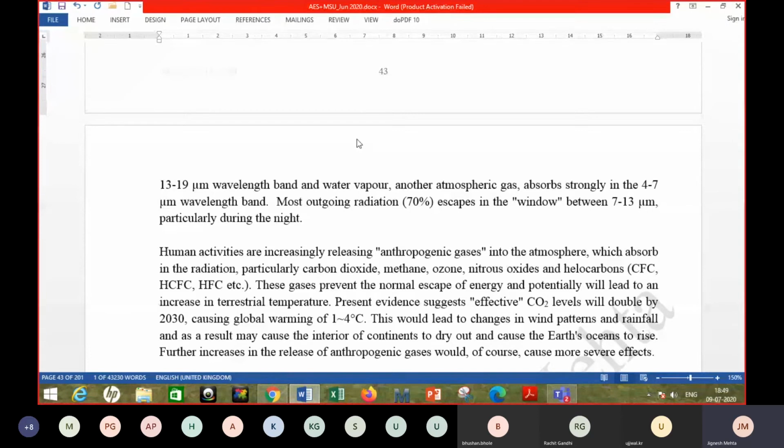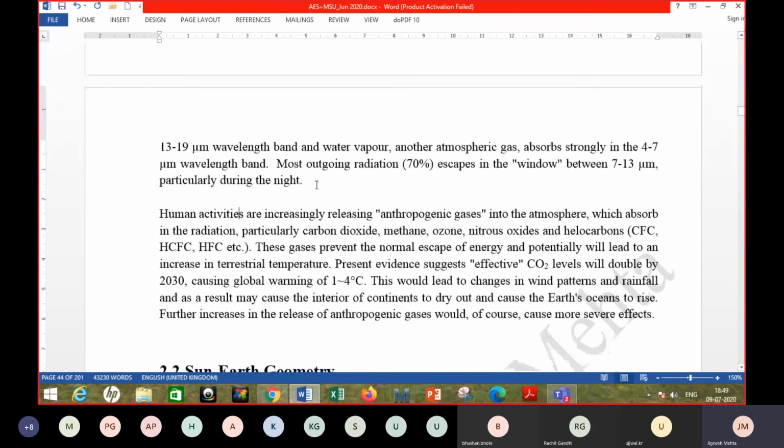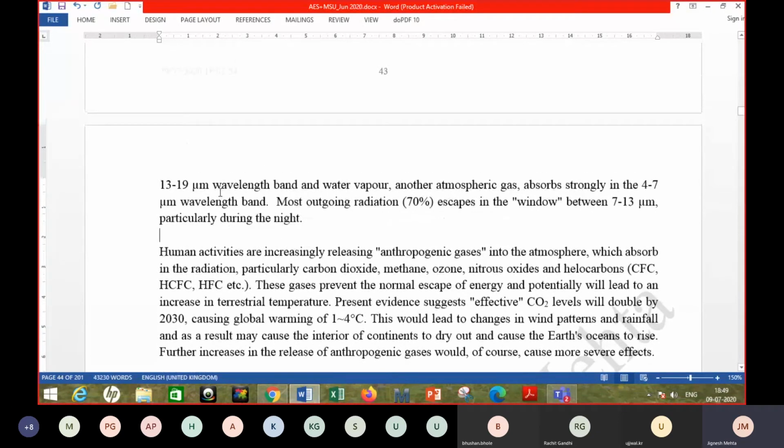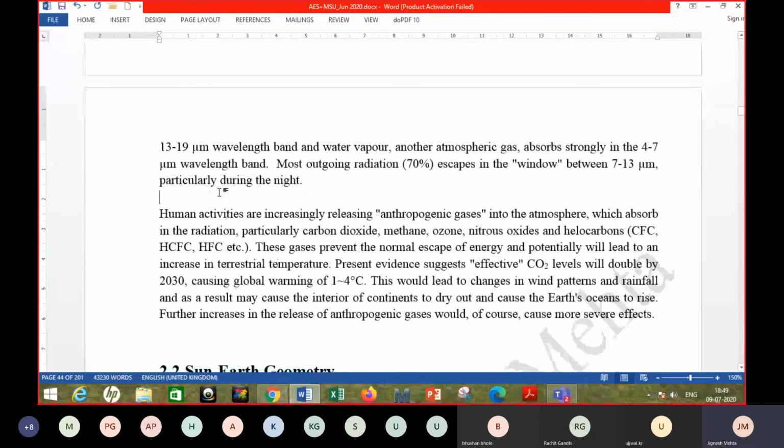But glass is not a good transmitter of high wavelength radiation, so it blocks most of it and doesn't allow it to go out, and because of that the heat is stored inside, right? So this is the greenhouse effect, and a similar effect also happens in the Earth's atmosphere, and that keeps it a bit warm.